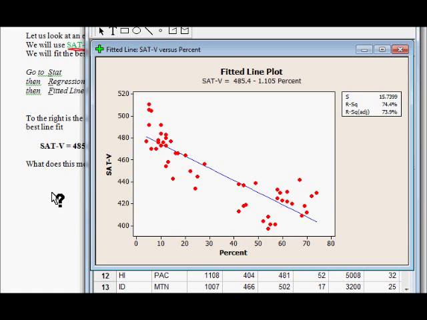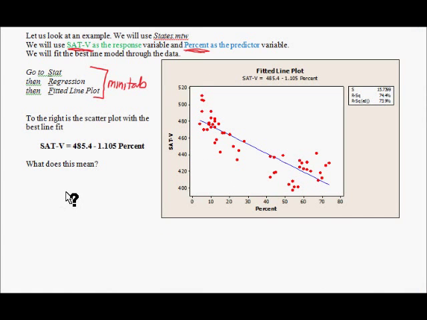Okay, so let's go back to the handout. Here's the same plot, just a smaller version. And here's our equation, y equals a plus bx. This is the line here. Verbal's our y, percent's our x. So what does this mean?